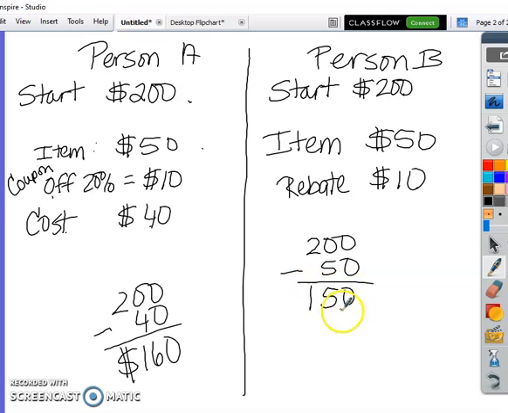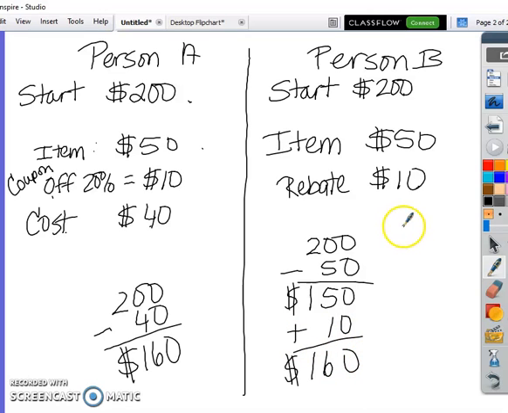That means you only have $150, right? Or you have $150. But now you're getting $10 back, which is $160. Okay? So to me, if you just go on and subtract it, 50 minus 10, which is 40, which is what we were doing over here, you still end up with 160. This is why you treat it like a rebate.